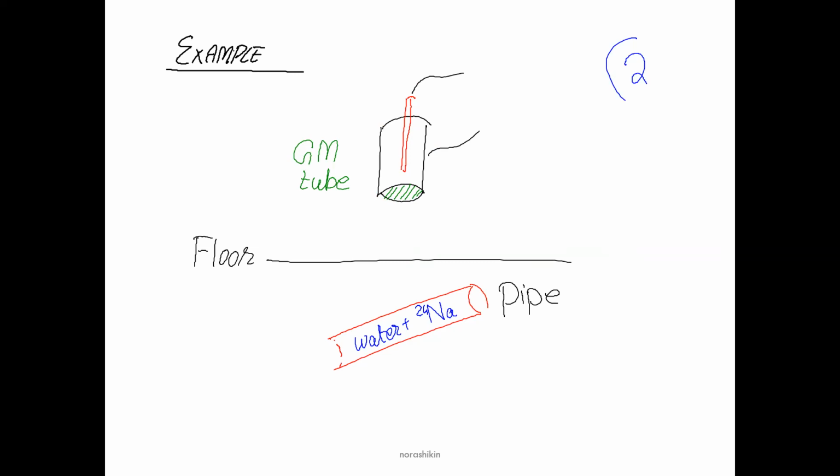So you can enter a radioactive source. And where there is a leakage, the radioactive source comes out and will stop in the ground. This is a feature which GM tube can help you to detect. Instead of rupturing the whole floor, you can use GM tube to precisely locate where the leakage is.